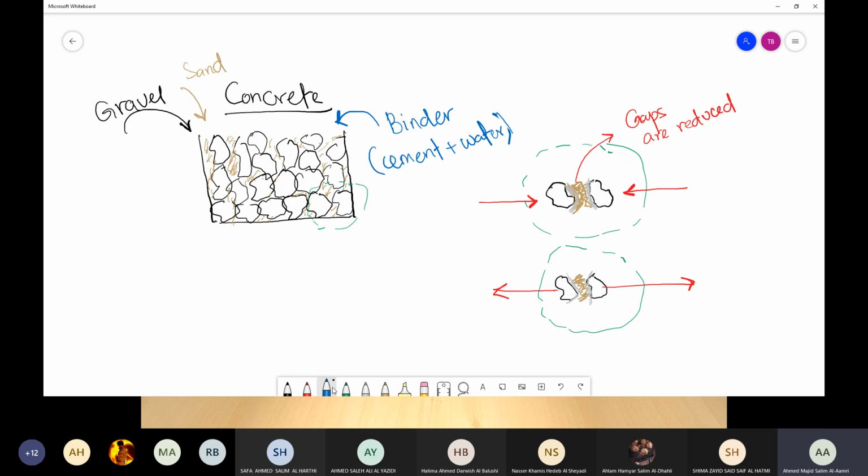You will see that these elements are going to be separated from this point because it's a weak point. Do you agree? They will be separated, right?